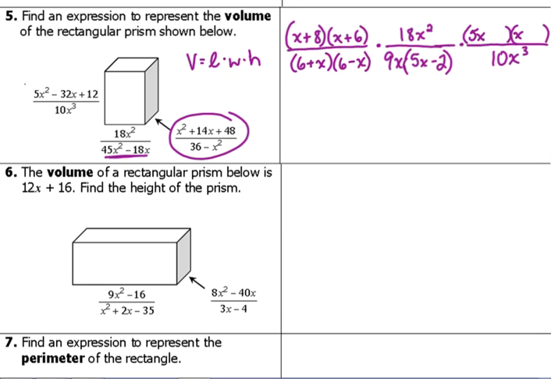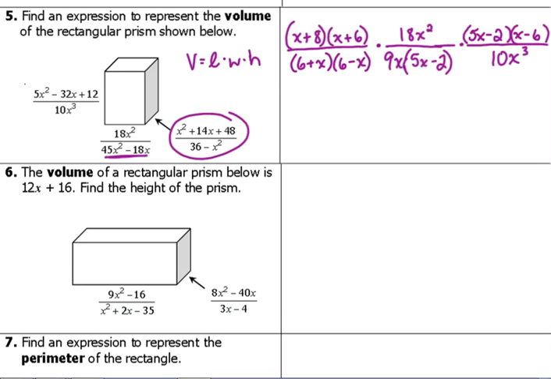For 12, I've got several options: 1 and 12, 2 and 6, 3 and 4. But I already have an expression that has 5x in it in my denominator. It's 5x minus 2. So let's see if 5x minus 2 will work for this problem. If we've got 5x minus 2, then our other factor would have to be minus 6, because negative 2 times negative 6 is positive 12.